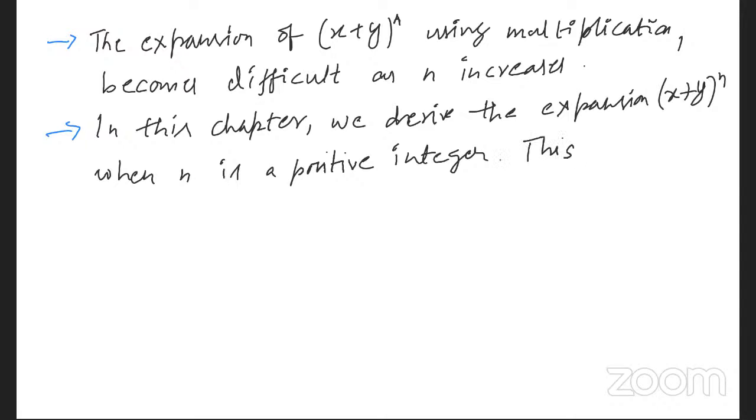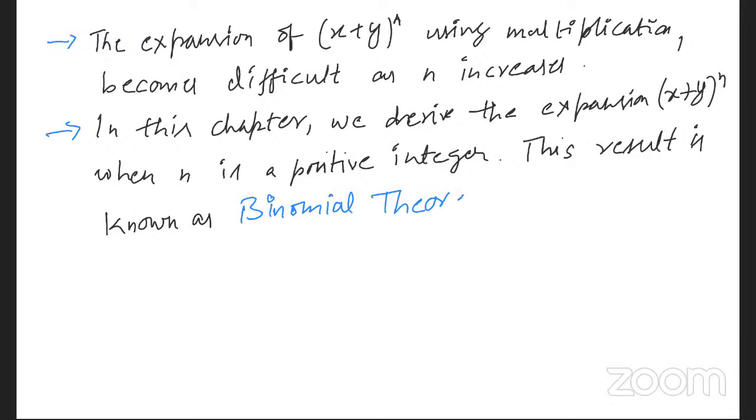This result is known as binomial theorem. We derive the expansion x plus y whole power n where n is a positive integer, and this result is known as binomial theorem.